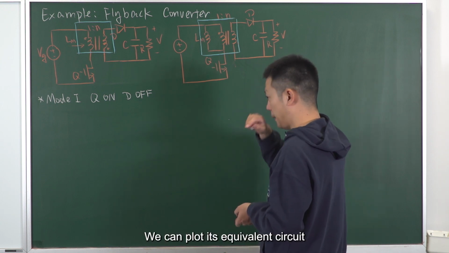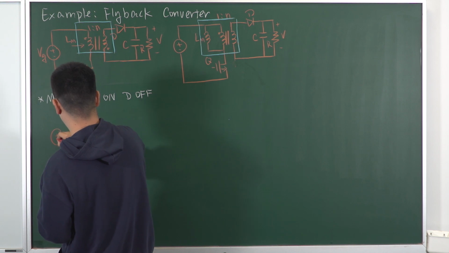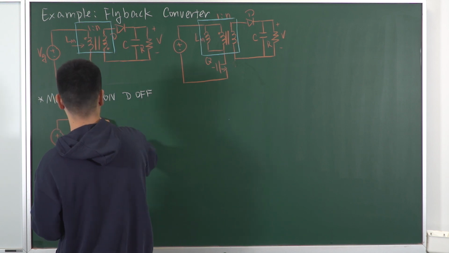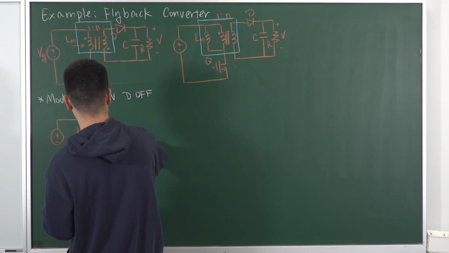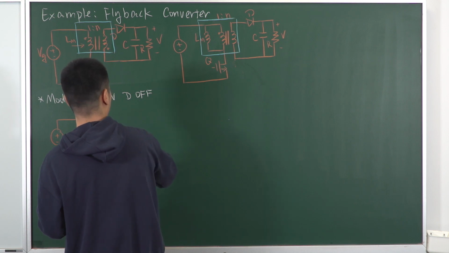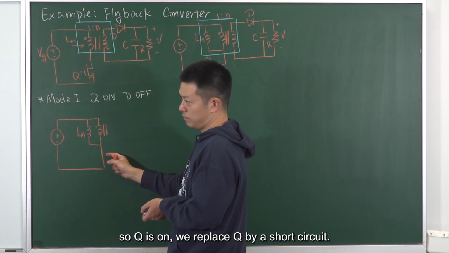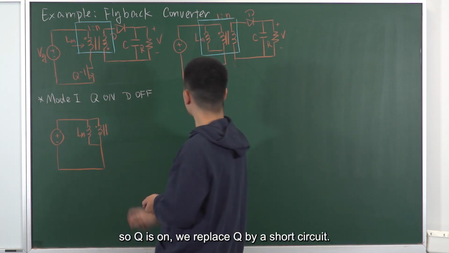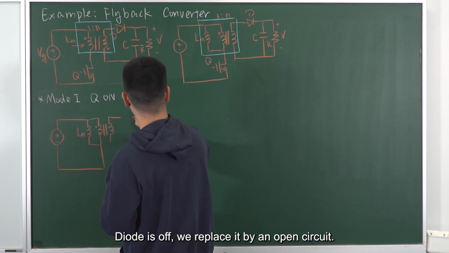We can plot its equivalent circuit, with Lm. Q is on, so we replace Q by a short circuit. The diode is off, so we replace it by an open circuit.